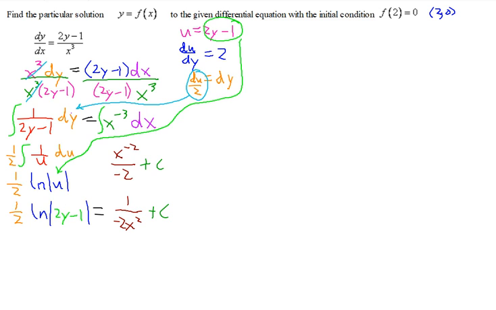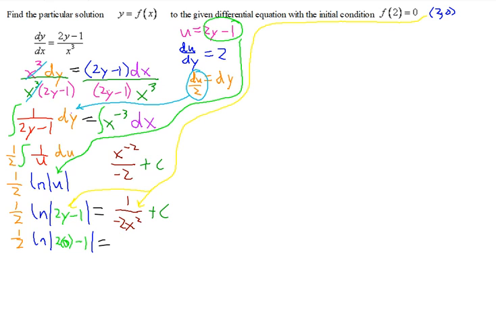Now is the time where you use your initial condition again. Substitute 2 and 0 in for x and y. So there's x, there's the y. So I'll have 1/2 natural log absolute value. Y here is 0, so it would be 2 times 0 minus 1. And for x, we'll substitute in 2.